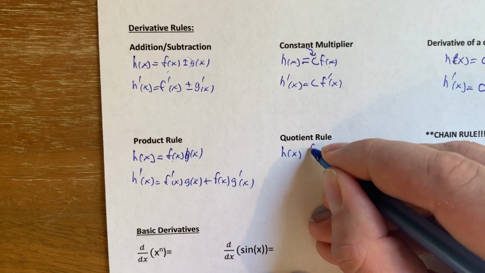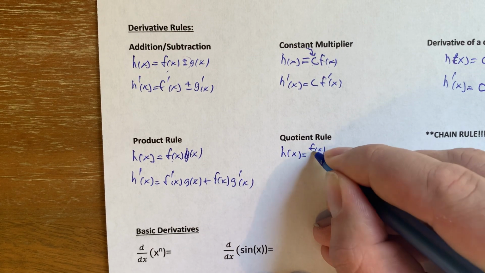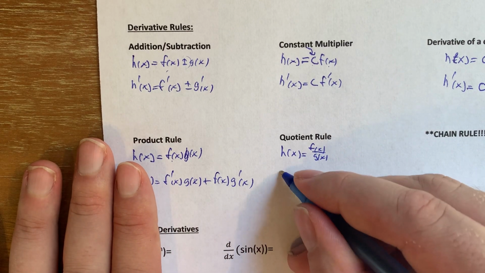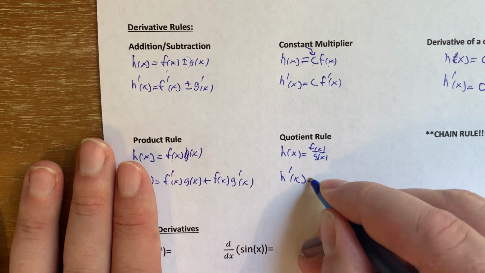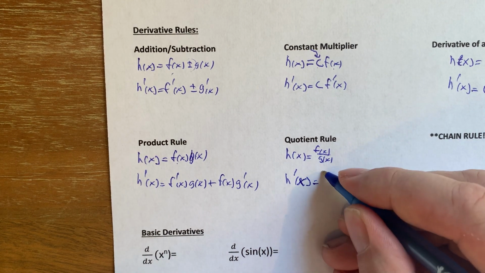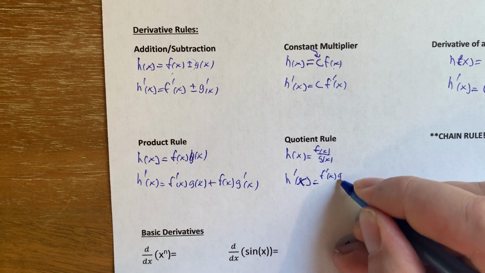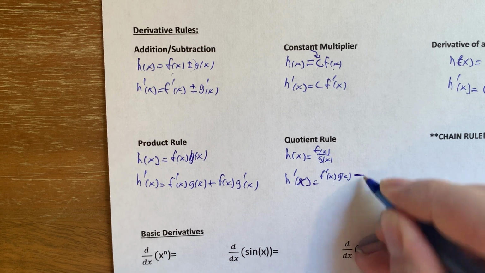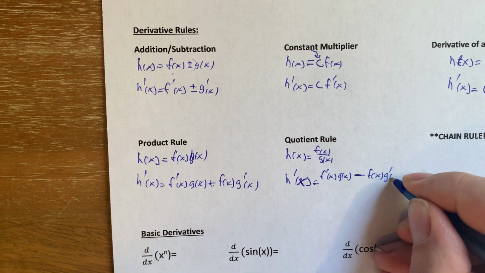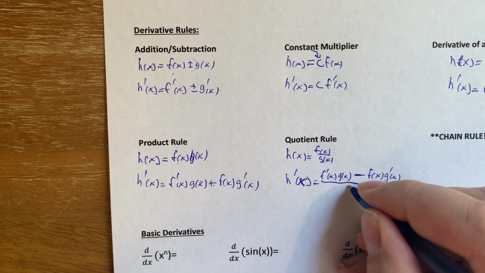If we have two functions that are dividing, quotient rule is my least favorite, by the way. I always try to avoid doing it when I can. So sometimes you can avoid it, sometimes you can't. The derivative is the derivative of the top one times the bottom left alone, minus instead of plus, leave the top one alone times the derivative of the bottom, over the bottom squared.